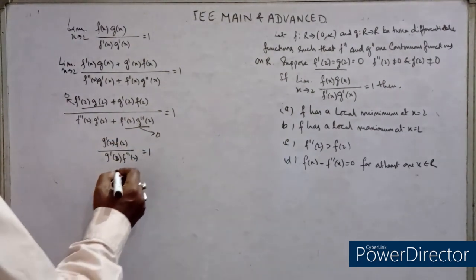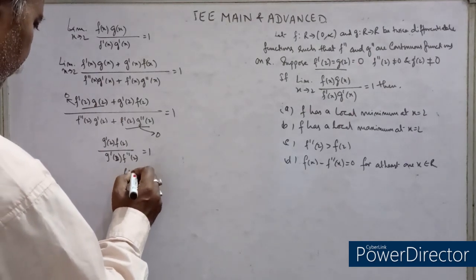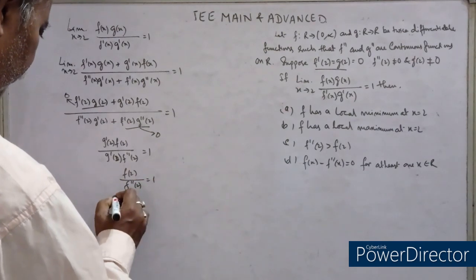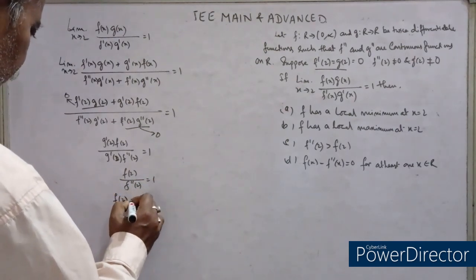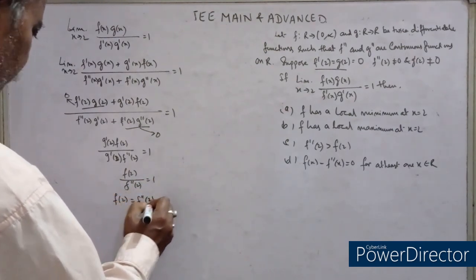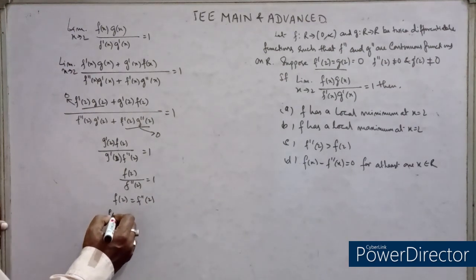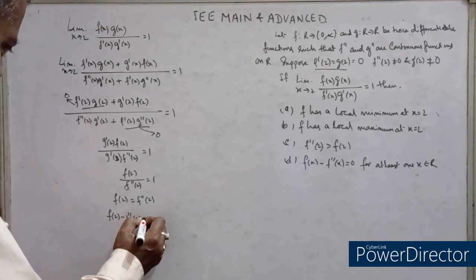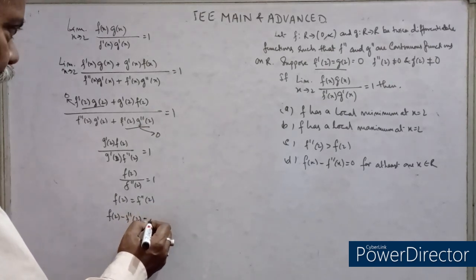So this cancels out, so f2 by f double dash 2 is equal to 1. So f2 is equal to f double dash 2. So here your f2 minus f double dash 2 is equal to 0.